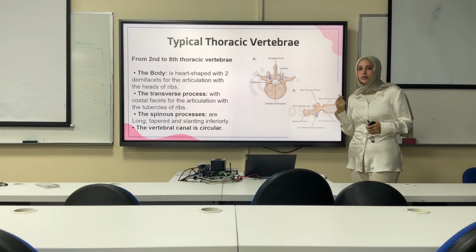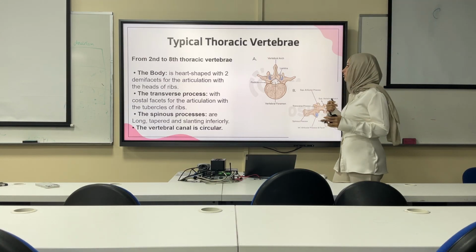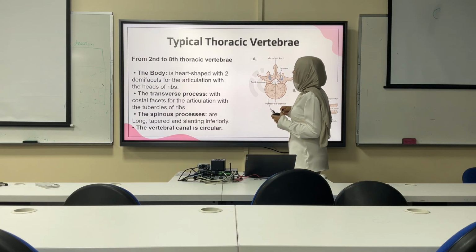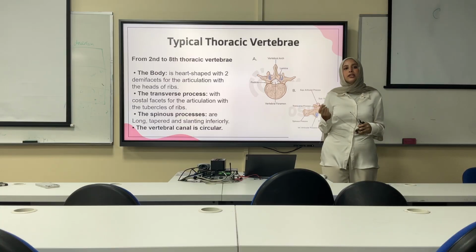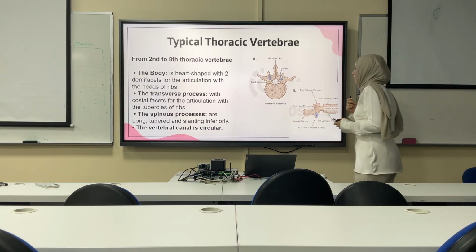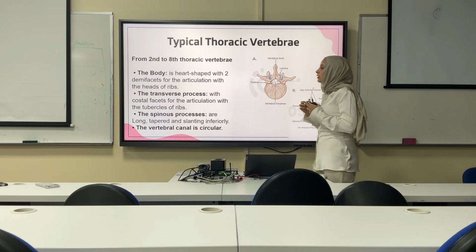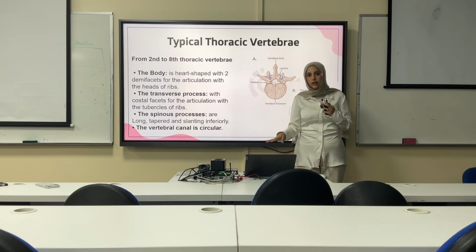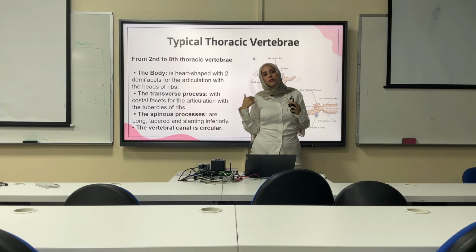Okay, now we're going to go to the vertebra. This is basically where we go into the second lecture of the thoracic wall. We now need to identify the difference between a typical vertebra and an atypical vertebra. From the second to the eighth thoracic vertebra, these are typical. Now if you can correlate it, from which number to which number are they typical?